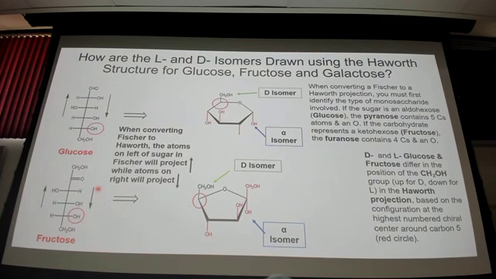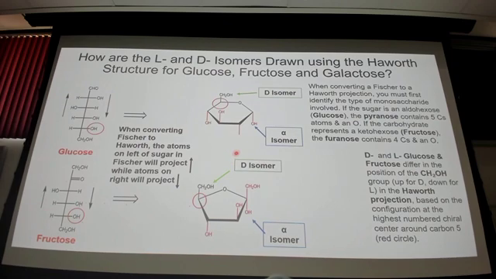The direction of the arrows is telling you that when these molecules cyclize, the atoms on the left side will be projected up, and the atoms on the right side will be projected down in the Haworth structure.